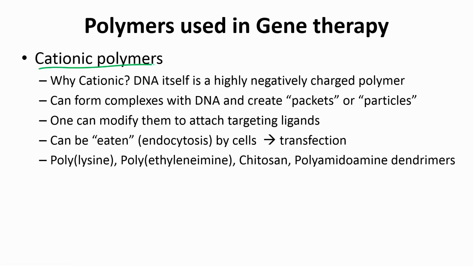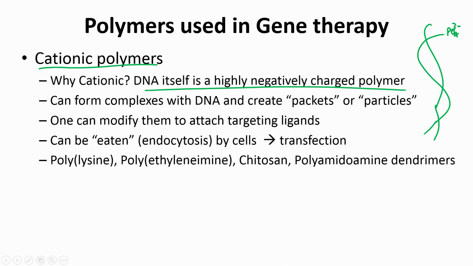Mostly cationic polymers are used, and the reason is that DNA itself is highly negatively charged. As I said, the DNA is composed of nucleotides which are composed of phosphate, and several negative charges are present on each of those nucleotides.